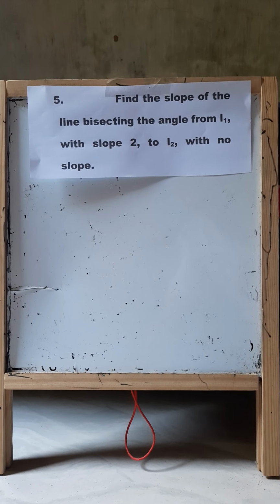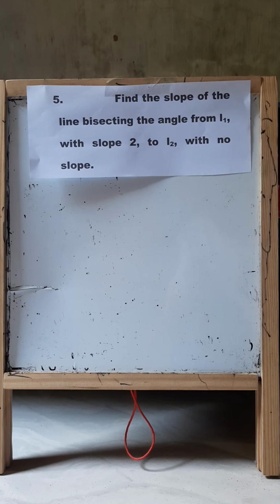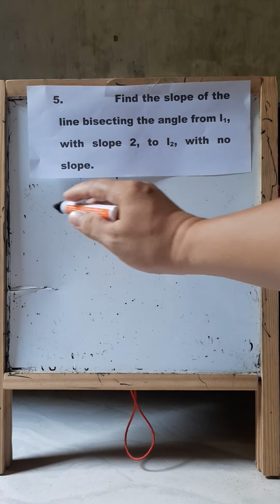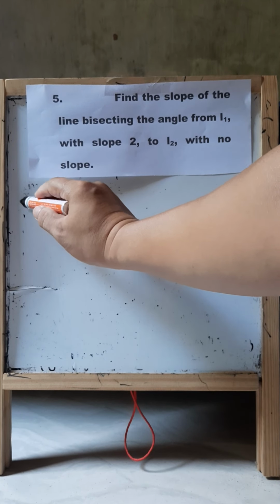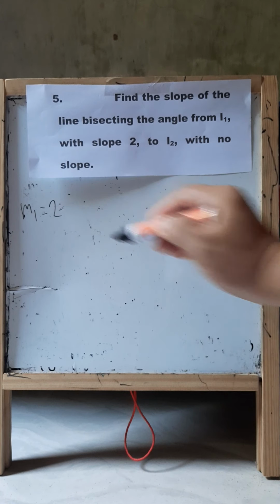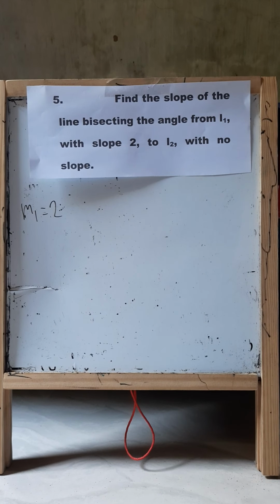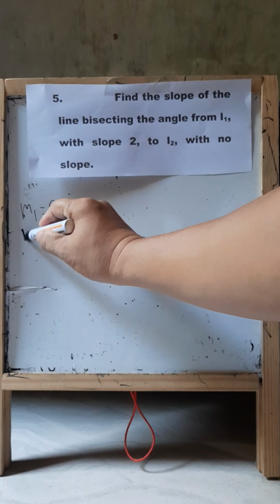For number 5, we have: find the slope of the line bisecting the angle from line 1 with slope 2 to line 2 with no slope. Slope of line 1 is 2, while line 2 has no slope.